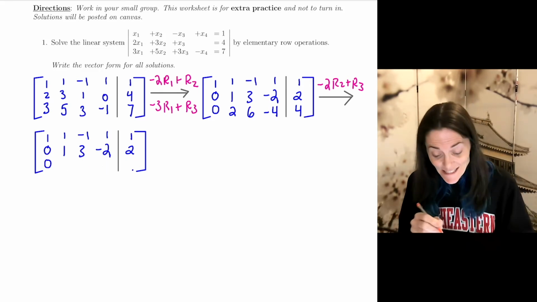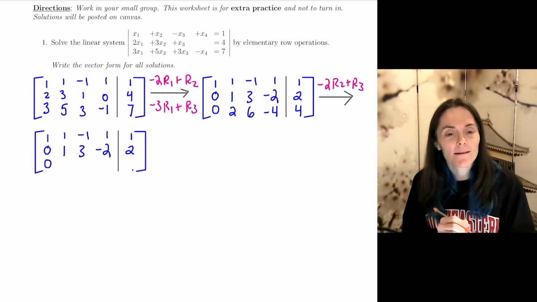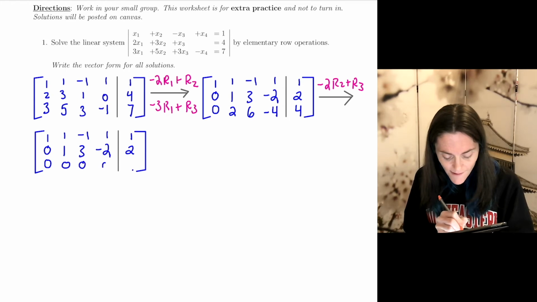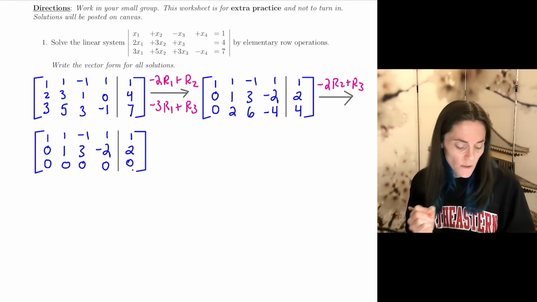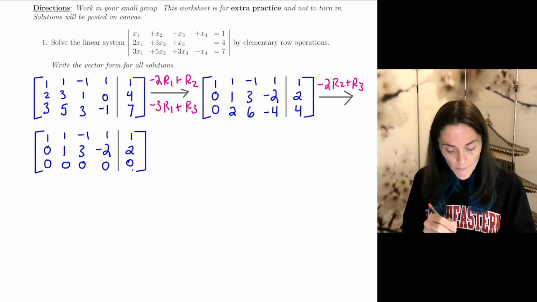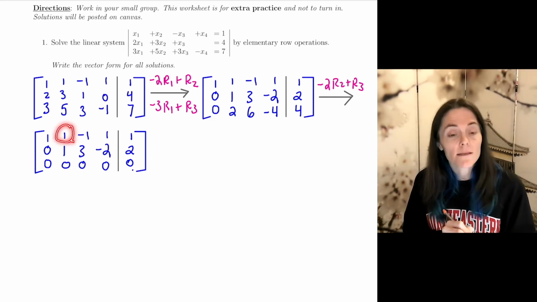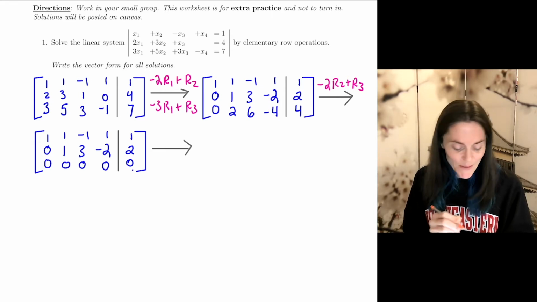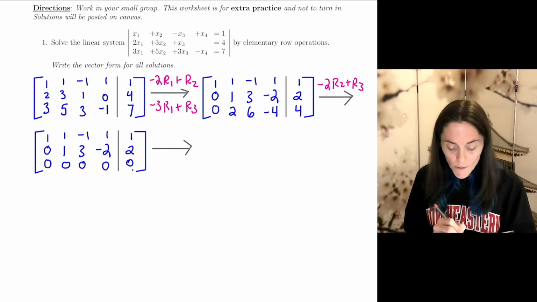And when I take -2 row 2 and add it to row 3, you see I get 0 all the way across. So really I only have one more step here. I want to make this a 0, and then this augmented matrix will be in reduced row echelon form. So let's take minus row 2 and add that to row 1.